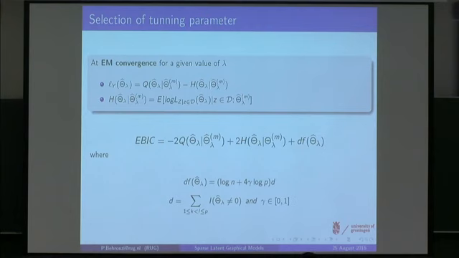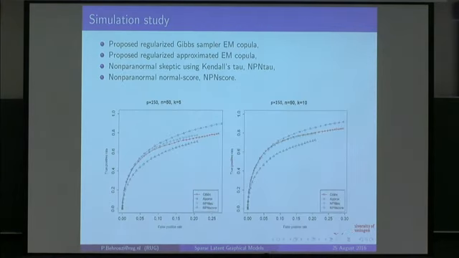So this is a general view of our model, and now we did some simulations, and we also compared it with other methods. The blue one and the red one are our method, and the two green bars are two other methods. We compared with p is 150 and n is 50, and the number of levels is 5.